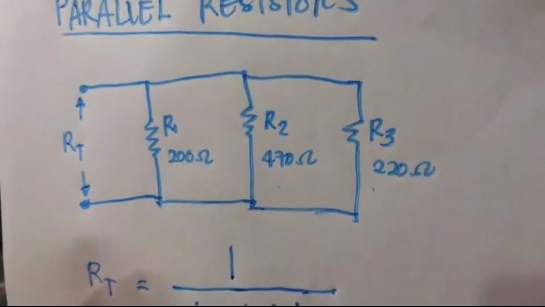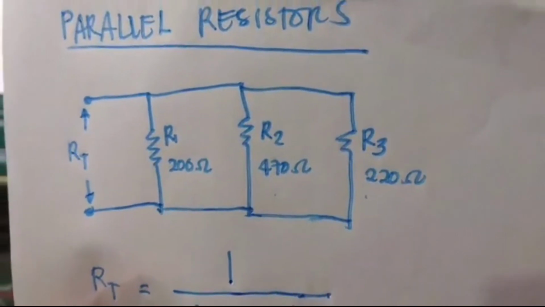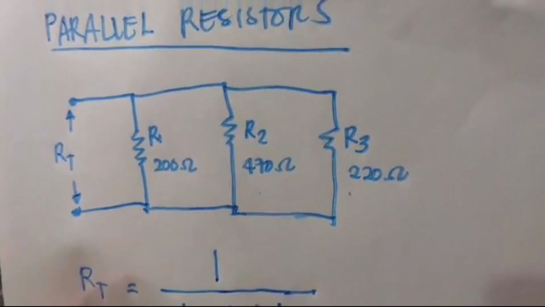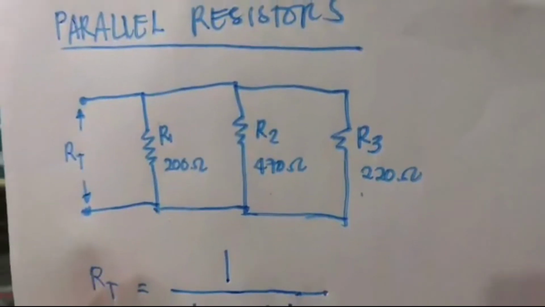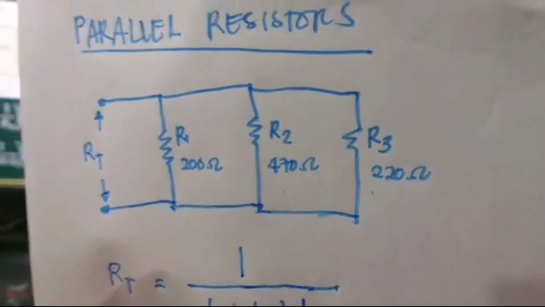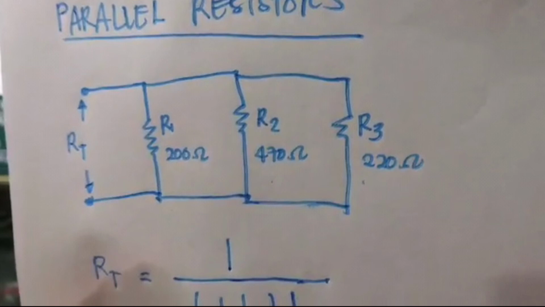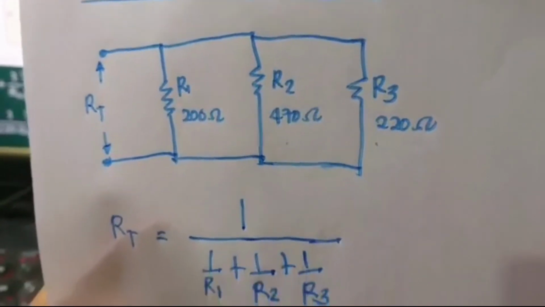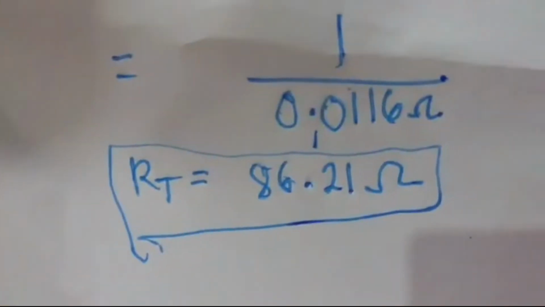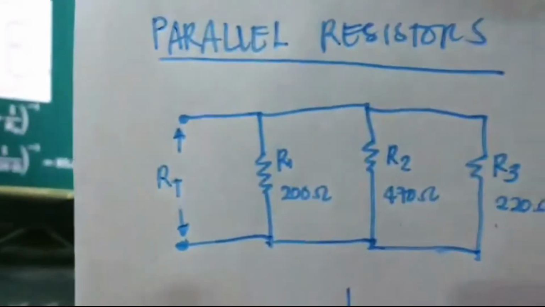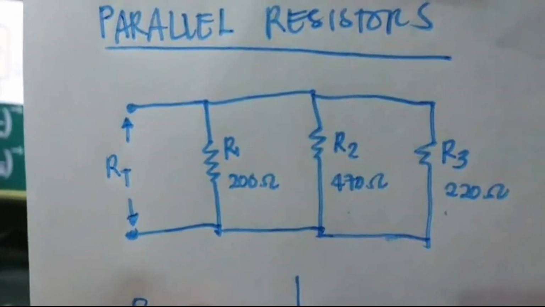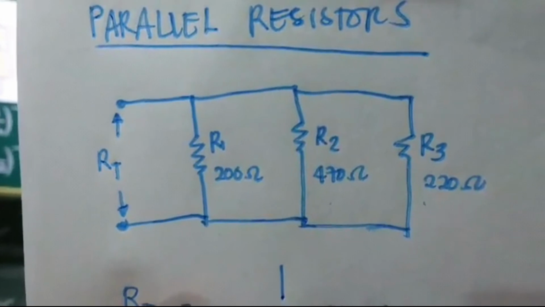So you can be sure that it is correct if the total resistance is less than the lowest resistor in parallel. So in this case, the lowest resistor is, yes, R1, which is 200 ohms, and our total resistance is 86. It is lower than 200 ohms.